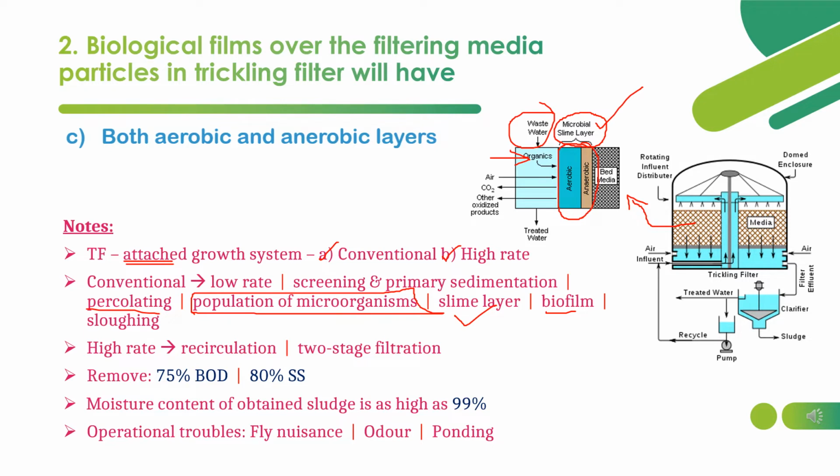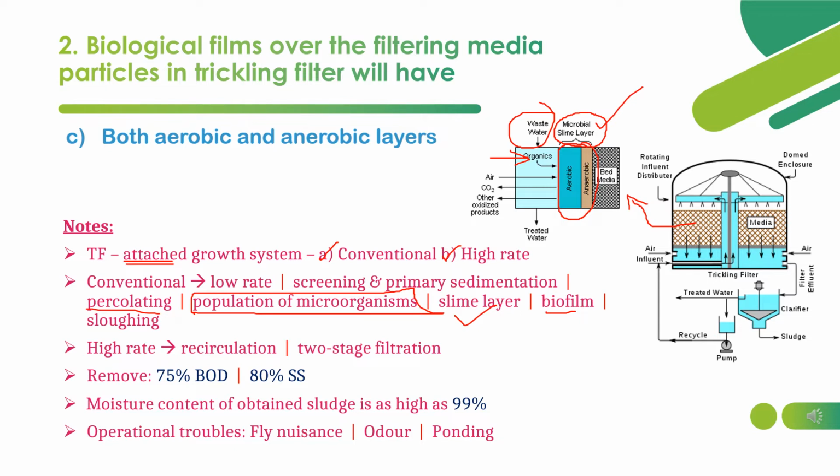So the biological films have both aerobic and anaerobic layers. You can see in this diagram also. So here bed media is there. Over the bed media there is a layer called anaerobic, and after the anaerobic part the aerobic layer will thrive.